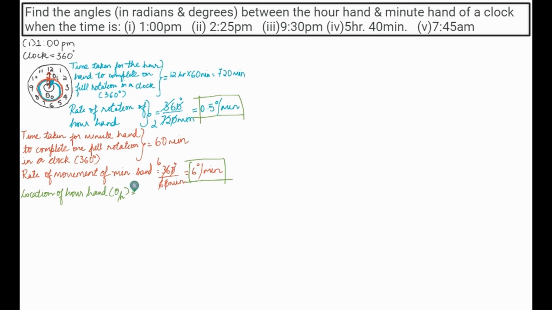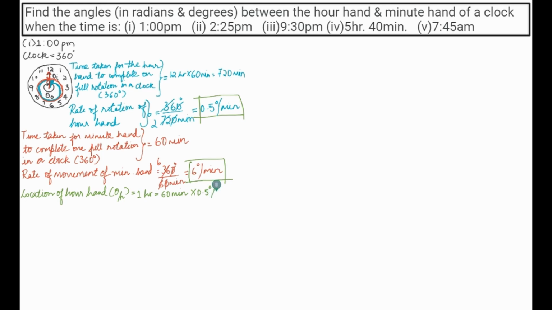Our hour hand is at 1 hour. In terms of minutes, it is 60 minutes. So 60 minutes, and the rate of rotation of the hour hand is 0.5 degrees per minute.